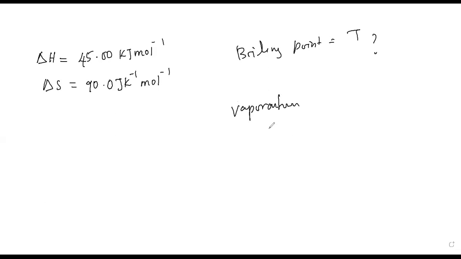So what should be the delta T? Yes? Any idea? So they ask what is your boiling point? During this vaporization, at the boiling point, the delta G is 0.